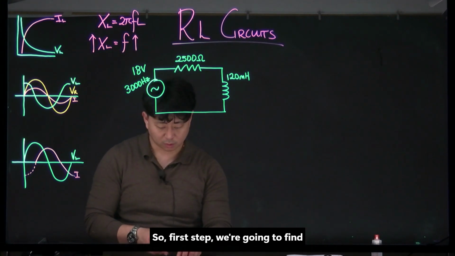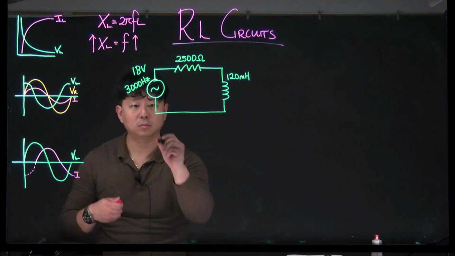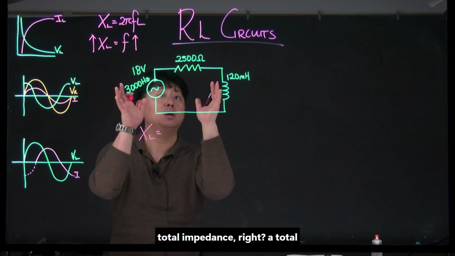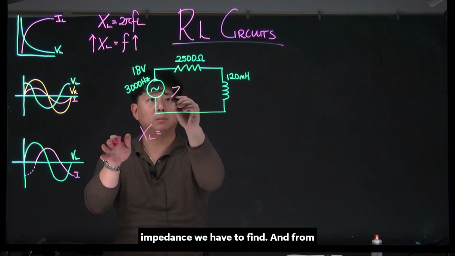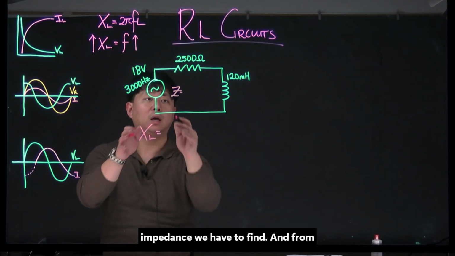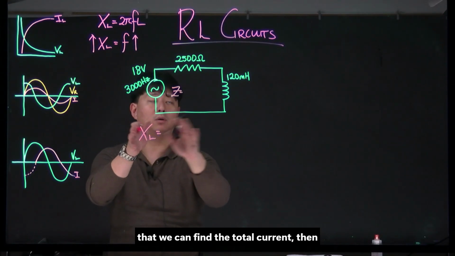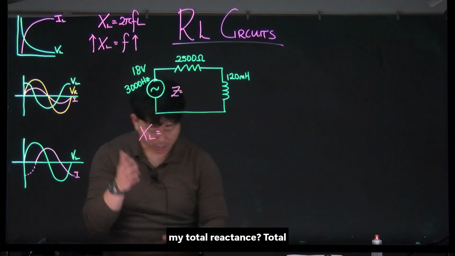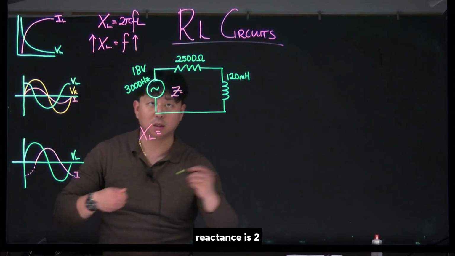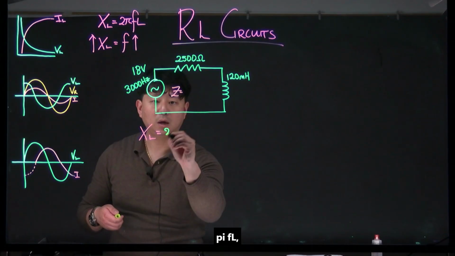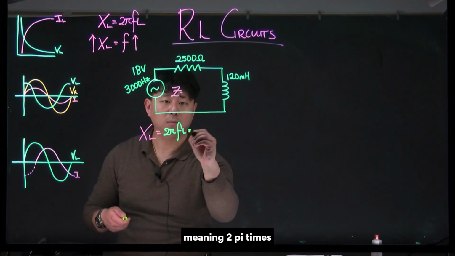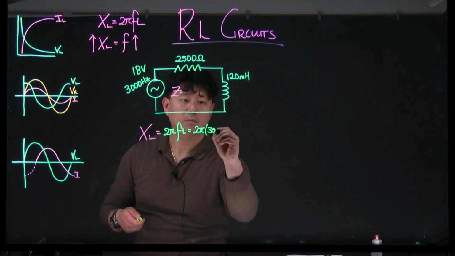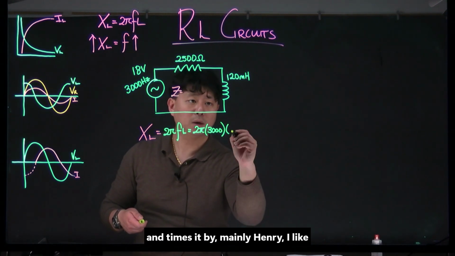So first step, we're going to find XL, right? Because we need to find a total impedance, and from that, we can find the total current, then we can find everything else. So what is my reactance? Reactance is 2 pi FL, meaning 2 pi times 3K times the millihenry value.